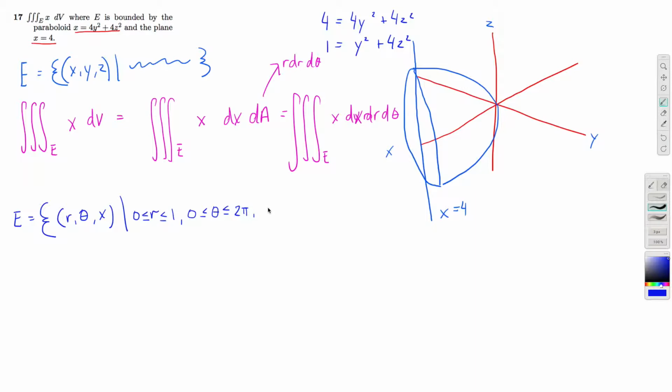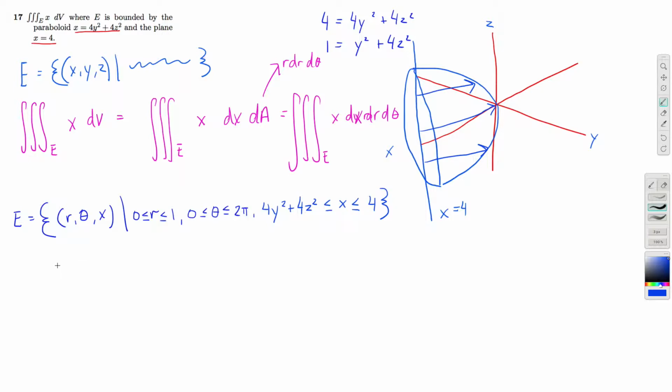And then your x is also not that bad, because x goes from the paraboloid to x equals 4. So 4 is your greatest value, and the paraboloid is your smallest value. So it's going to be 4y squared plus 4z squared is less than or equal to x, which is less than or equal to 4.